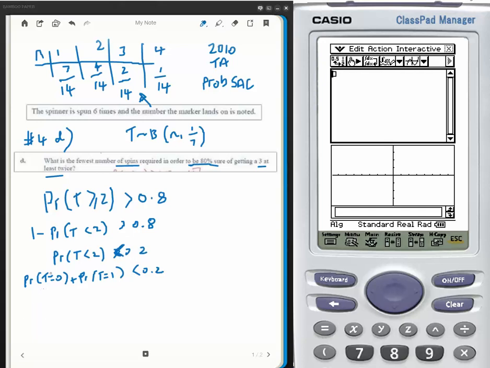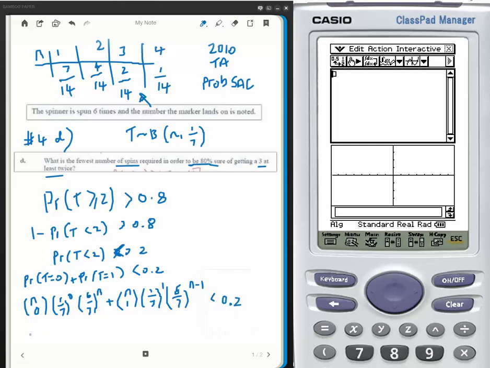Since t is binomial with n and 1/7, getting a 0 would be getting none out of n: 1/7 to the power of 0, and 6/7 to the power of n, plus n choose 1, getting 1 3, times 1/7 and 6/7 to the power of n minus 1, has to be less than 0.2.